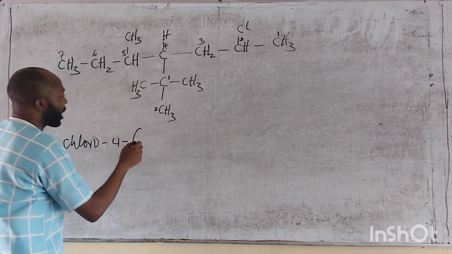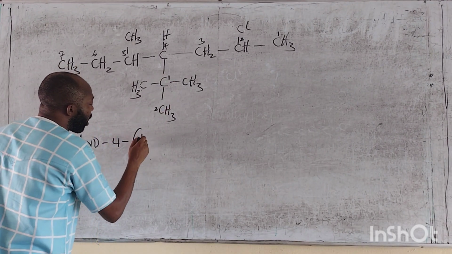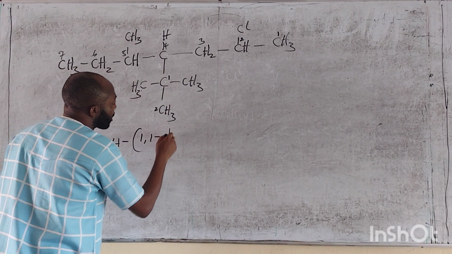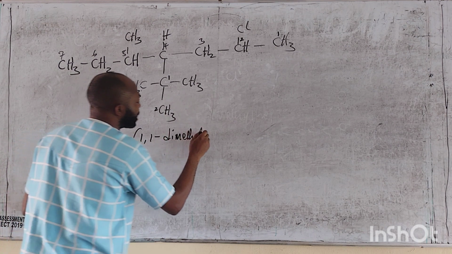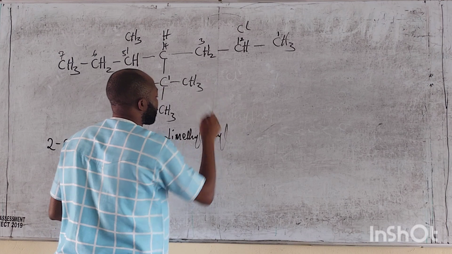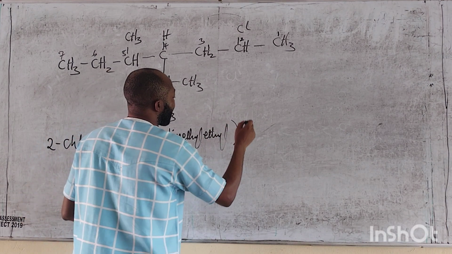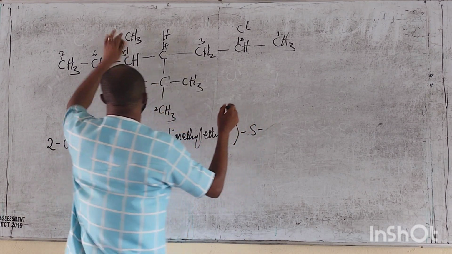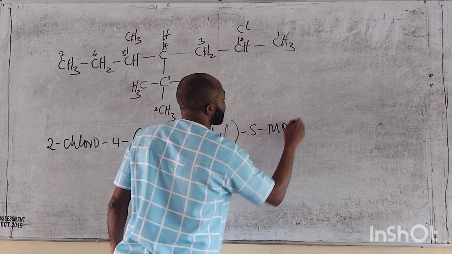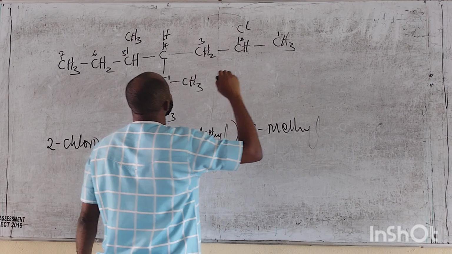So here I now have 1,1 dimethyl ethyl, close the bracket, 5 methyl heptane.